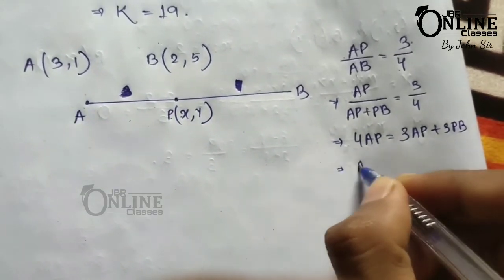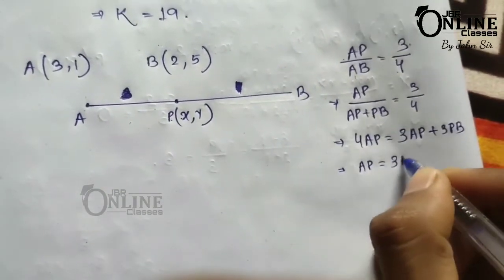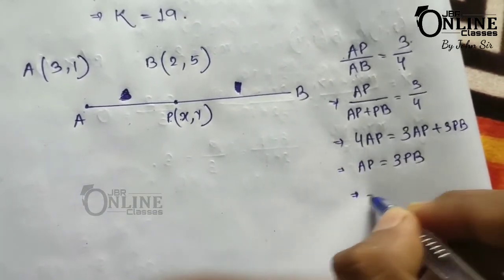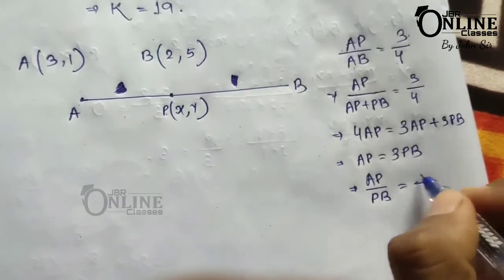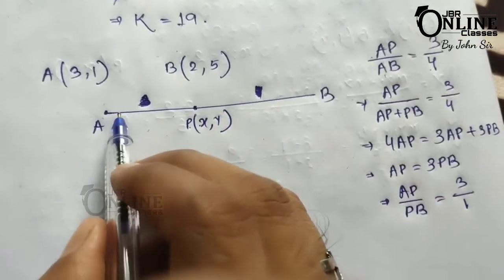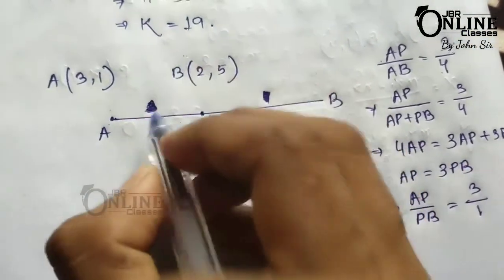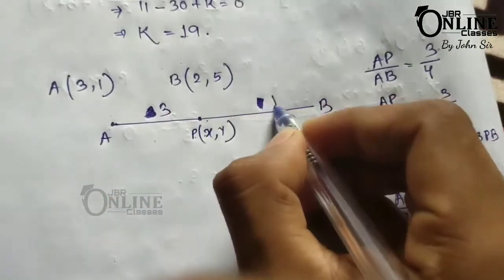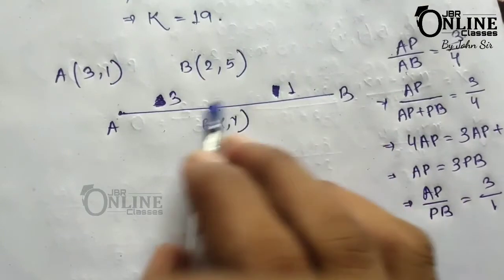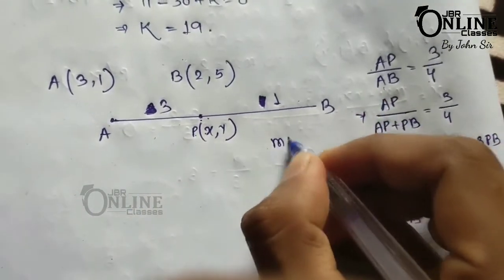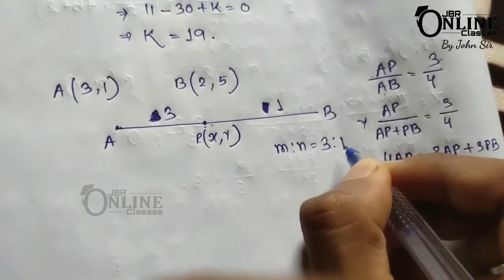So here AP equals 3PB. Next, AP by PB equals 3/1. That means the ratio of this line segment equals 3:1. So the point P divides this line segment in the ratio 3:1. That means m is to n equals 3:1.